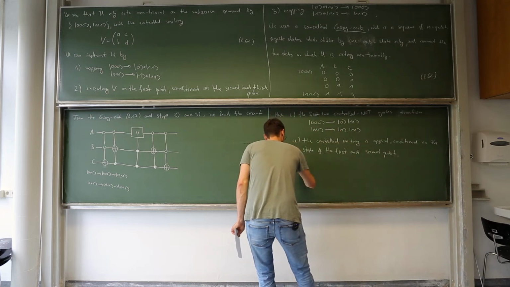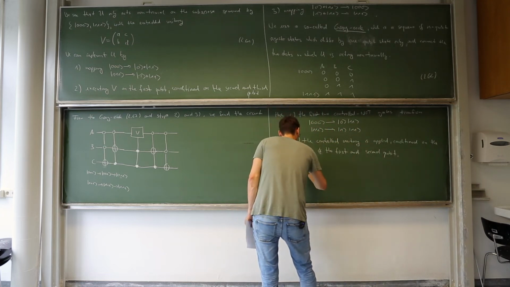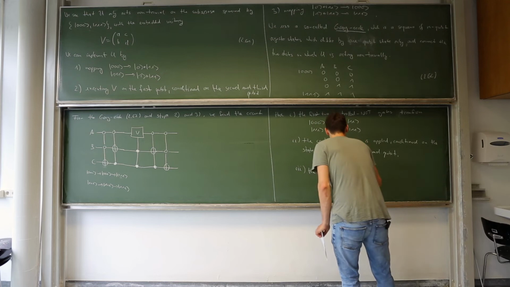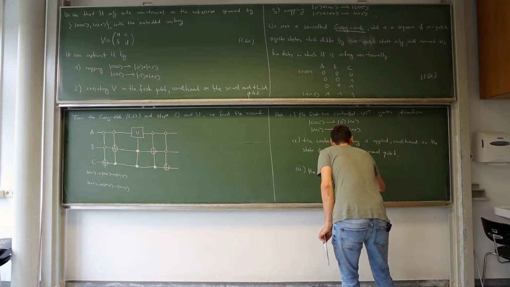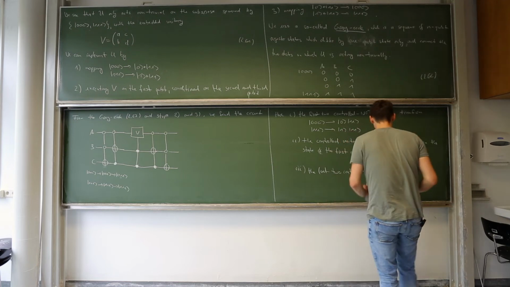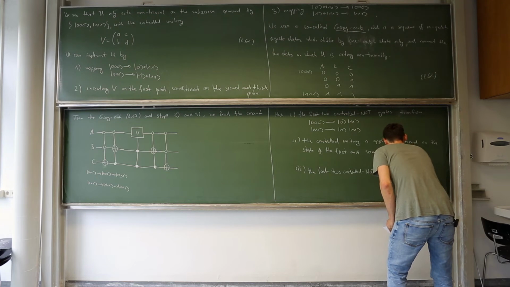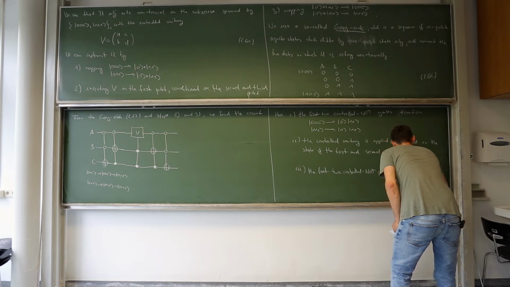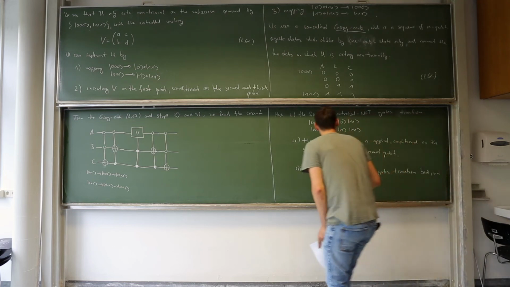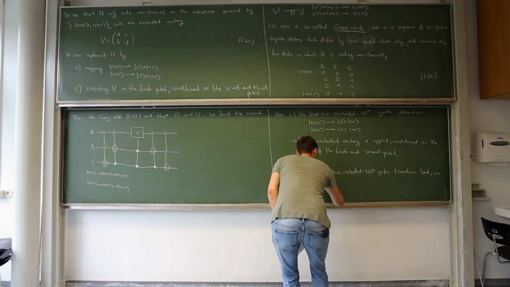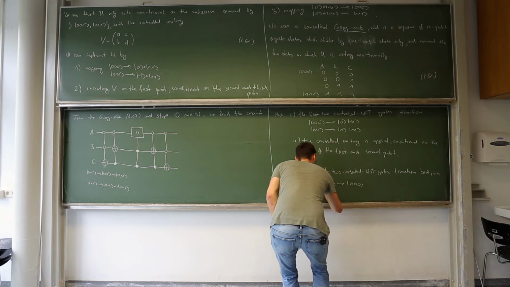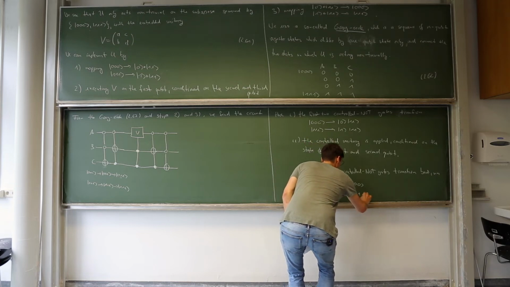And the last two controlled NOT gates transform back via 0, 1, 1 goes to 0, 0, 0, and 1, 1, 1 goes to 1, 1, 1.